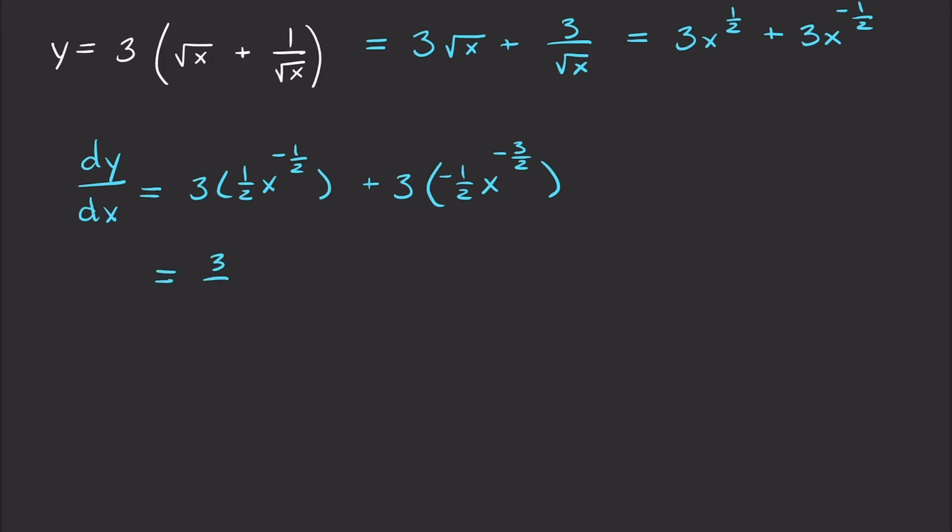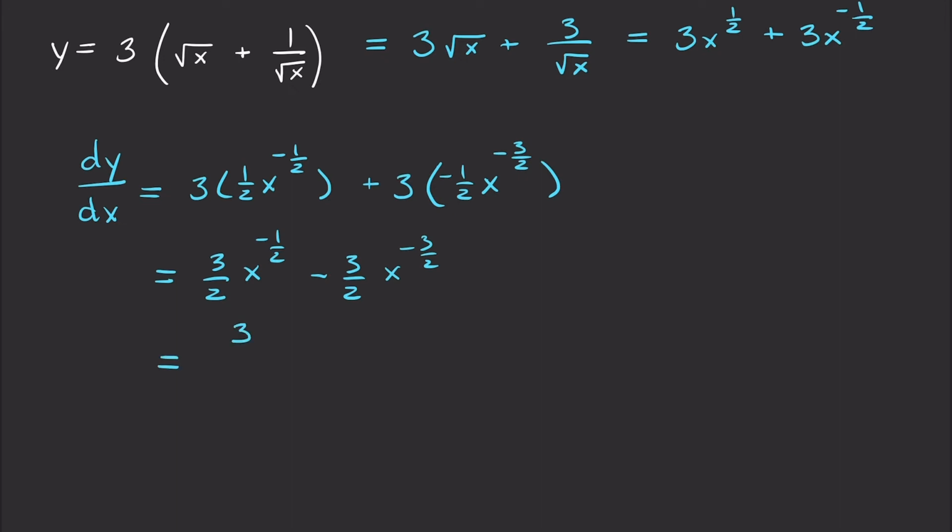We have 3 over 2 times x to the minus 1/2 minus 3 over 2 x to the minus 3/2. And so now we can make these negative exponents positive by moving it into the denominator and then using the appropriate radical.